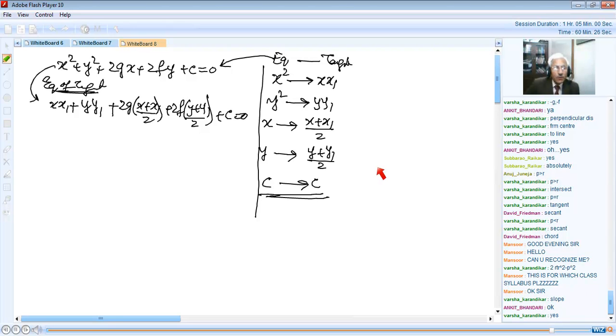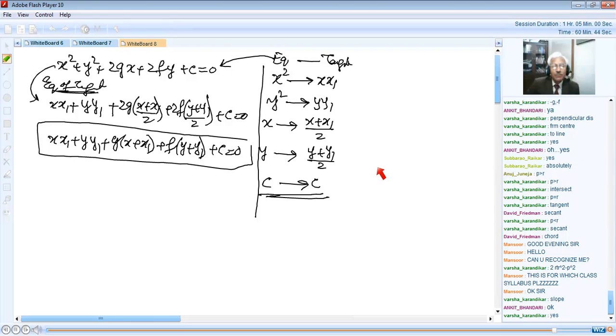That becomes xx1 plus yy1 plus g times x plus x1 plus f times y plus y1 plus c equal to 0. This is how I find the equation of the tangent.